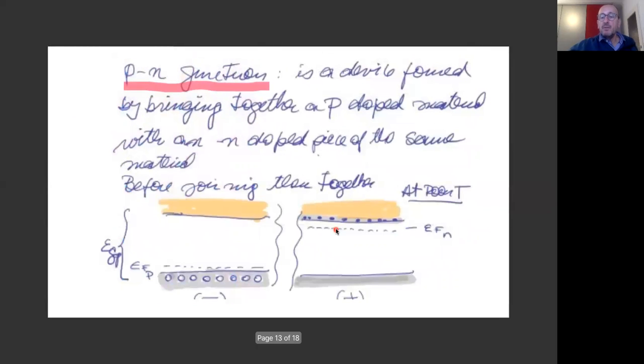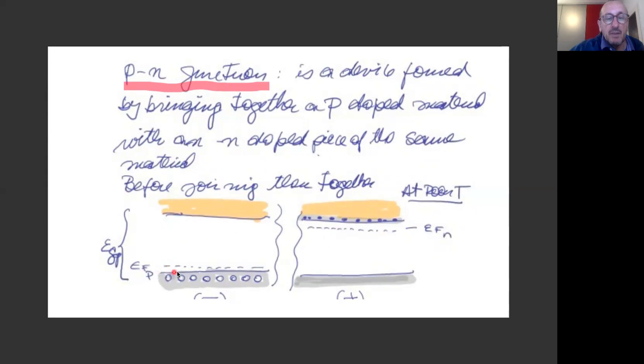So now when I form the materials, here are the donating levels. This is the donor level, and here are the acceptor levels, and the Fermi level is right there at the bottom of the band, because this is a very narrow difference, and this is a very narrow difference.